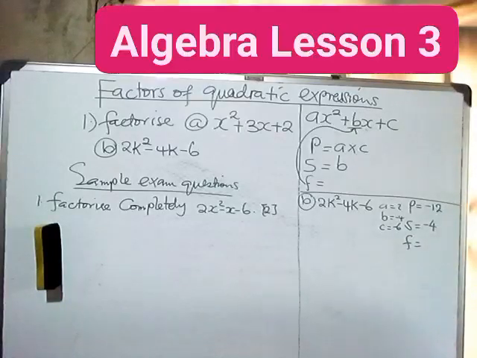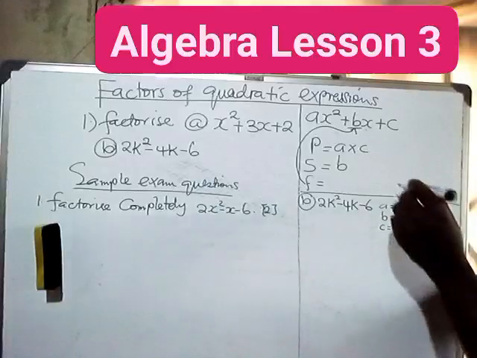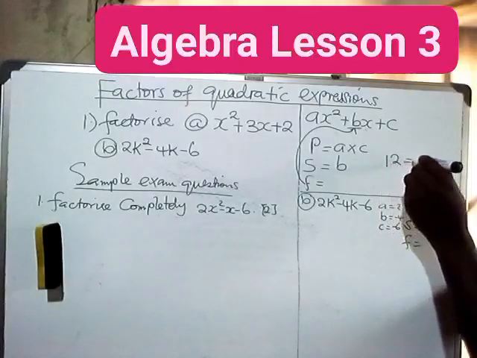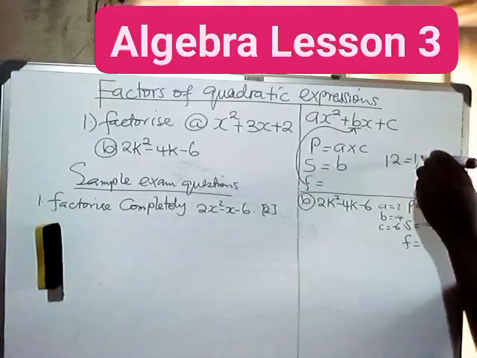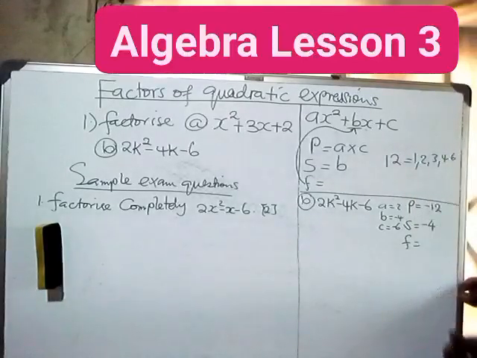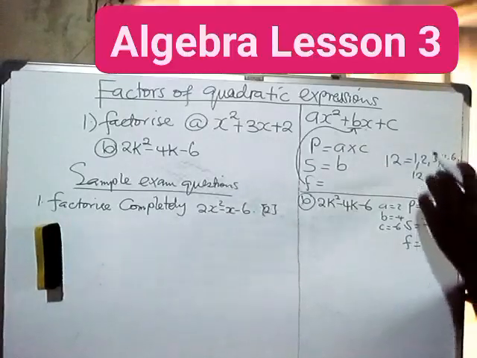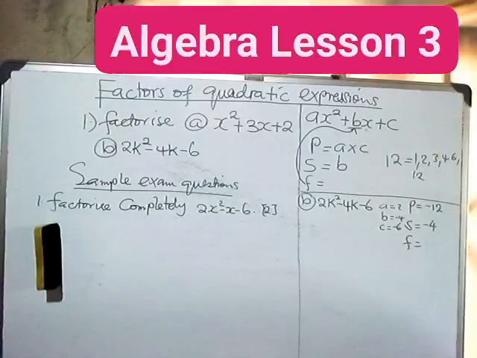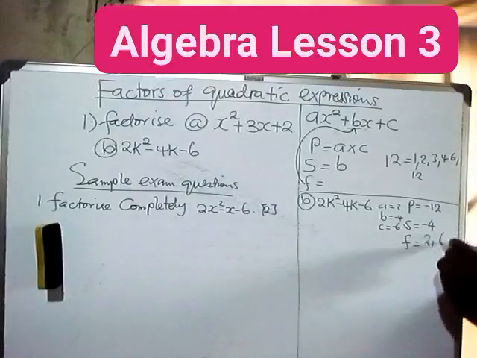The easiest way to find them is by finding the factors of the product. In this case, the product is 12. What are the factors of 12? It's 1, 2, 3, 4, 6, and the 12 itself. So which two numbers here? Either one will be negative and the other positive, or both positive, or both negative. The two numbers which, when you multiply them, give you 12 are 2 and 6.